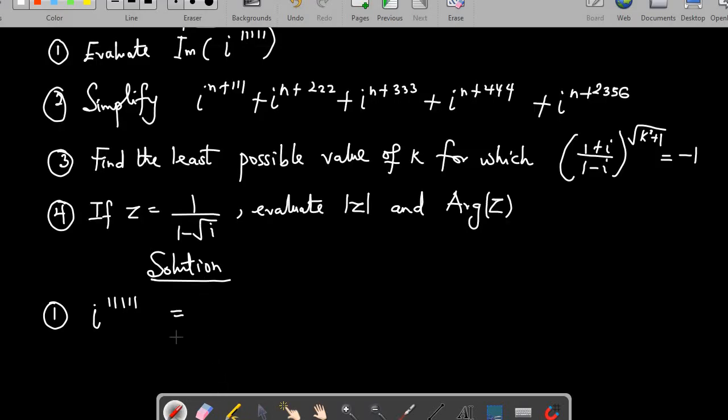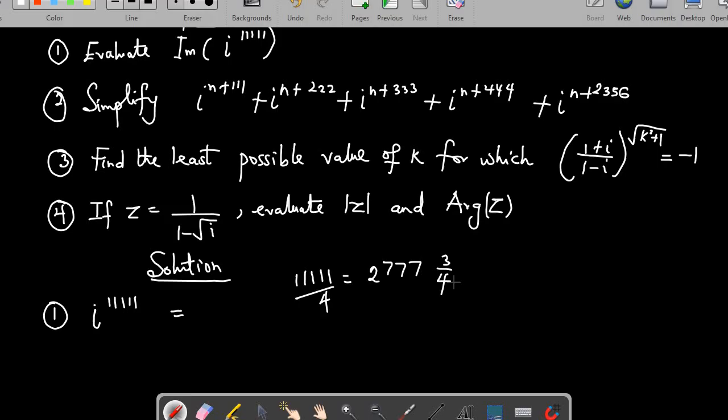Now if you punch your calculator, 11111 divided by 4, you get 2777 whole number 3/4.